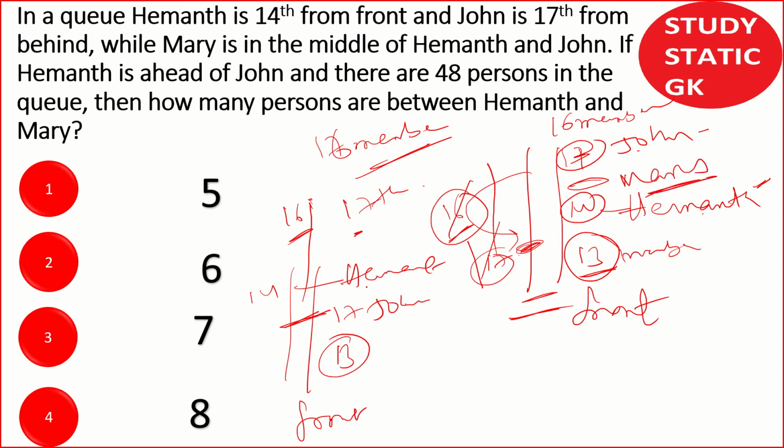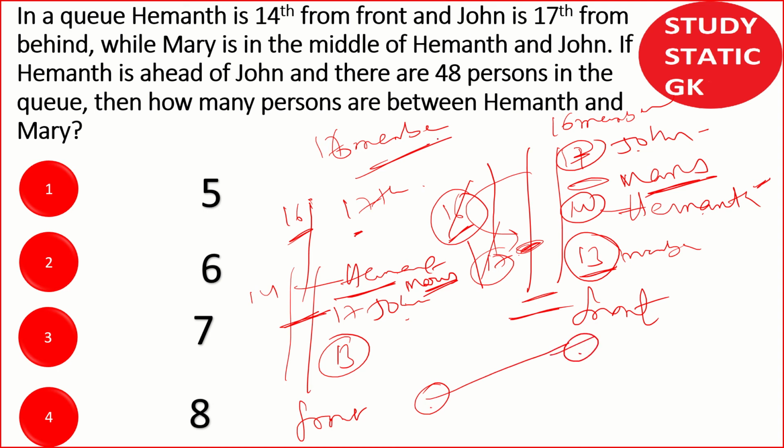Here if you see, if John is there, Hemant is here, Mary will be here. Yes, two possible cases are there, but you cannot write like this in the exams. You cannot take this much time. First you try to read the entire question, then you may get an idea to choose which one is the best suitable scenario for this, right?